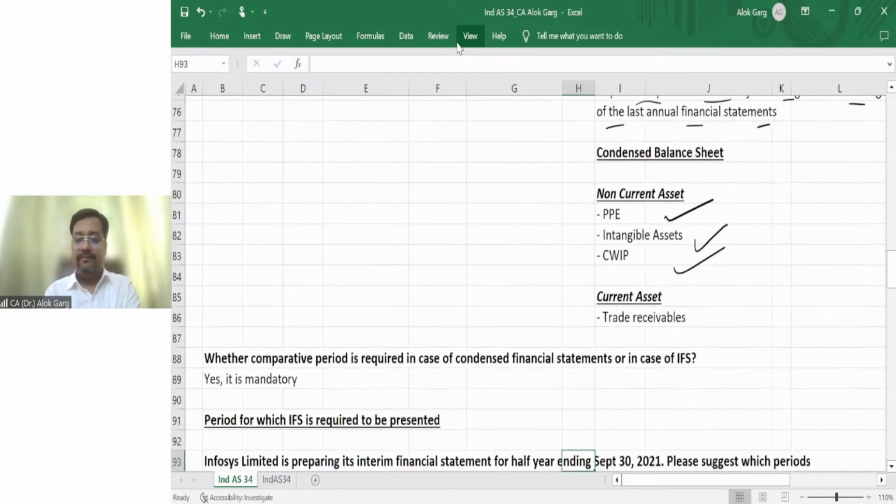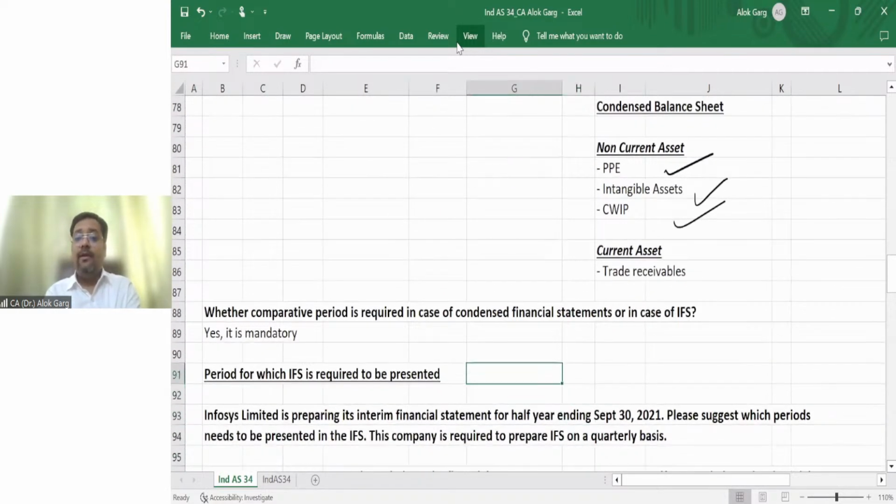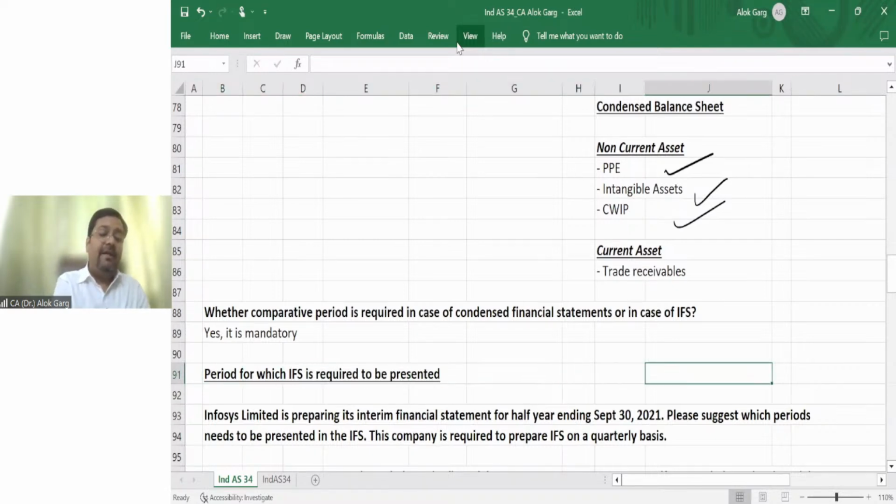Comparative is required. Sir, what are the periods for which financial statements are required to be presented? We know that the annual set is for the full year. If we are preparing a balance sheet for March 23, FY 22-23, we have to give the comparative balance sheet for 31st March 22.